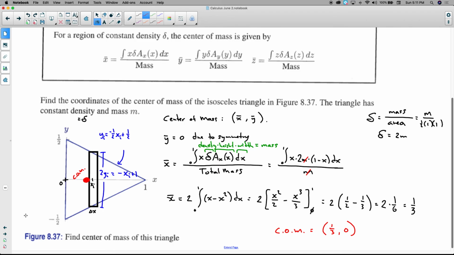And again, that feels right, because if you were to think about where you would put your finger underneath a cardboard cutout of this, clearly it would be left of the halfway marker because there's more of the object over there.